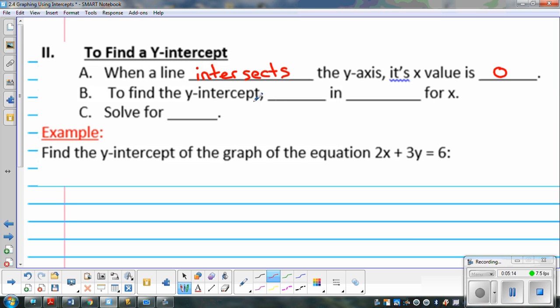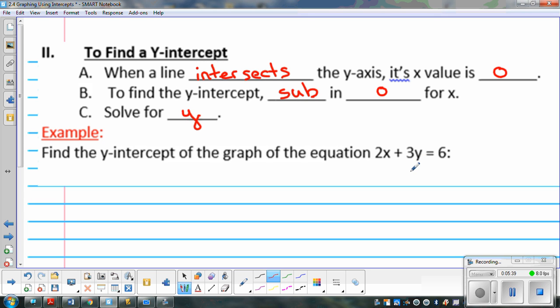Using that fact, when we want to find the y-intercept, we are going to sub in 0 for the x value. Once we sub in a 0 for the x value, the x is gone, and the only variable left in the equation is going to be the y, so that is where we will solve for y. So here's that same example that we did just prior, but this time we're going to find the y-intercept.